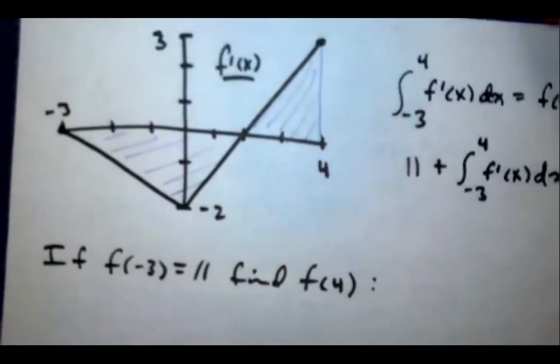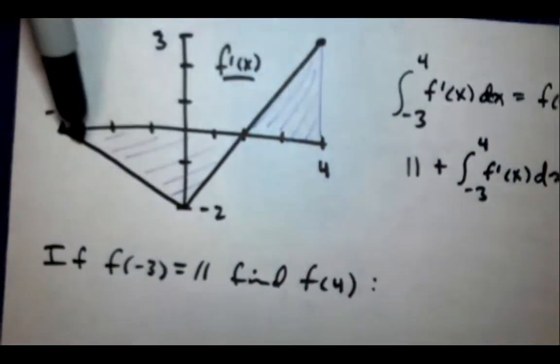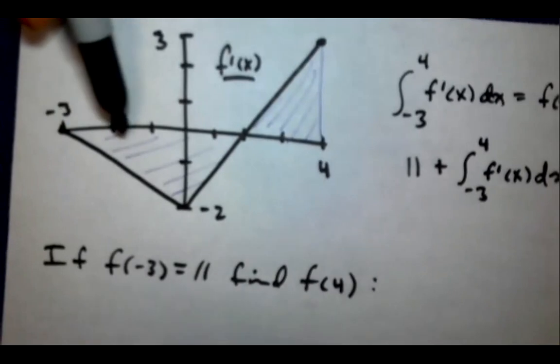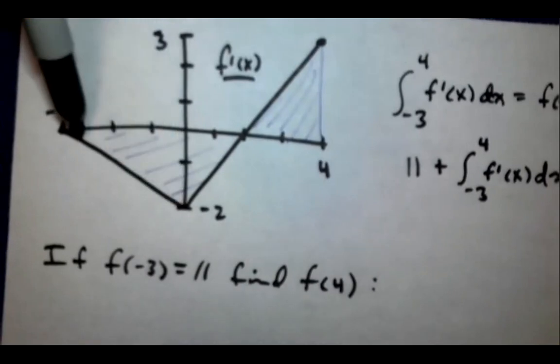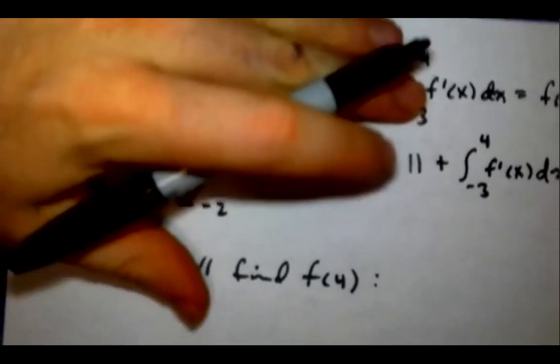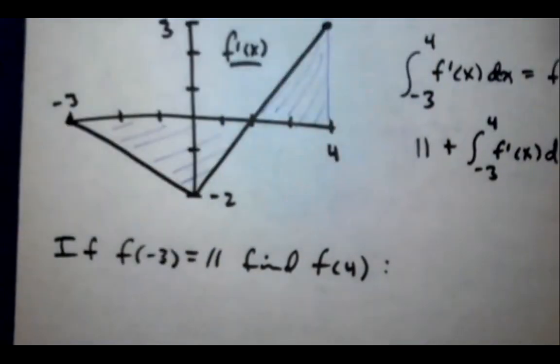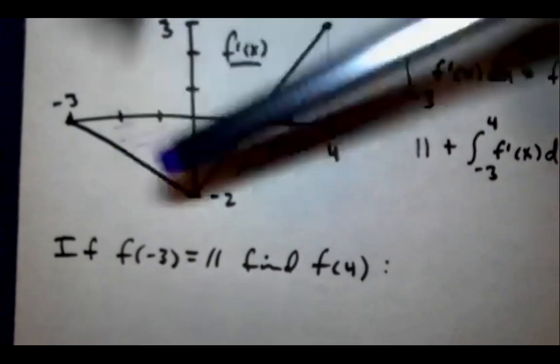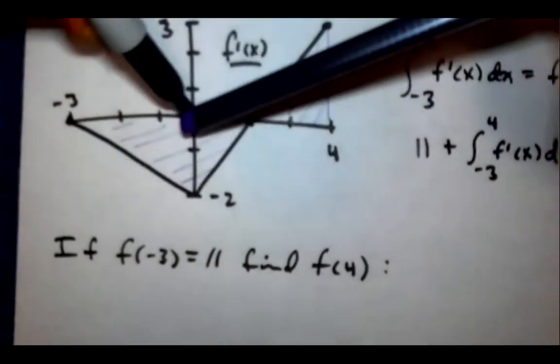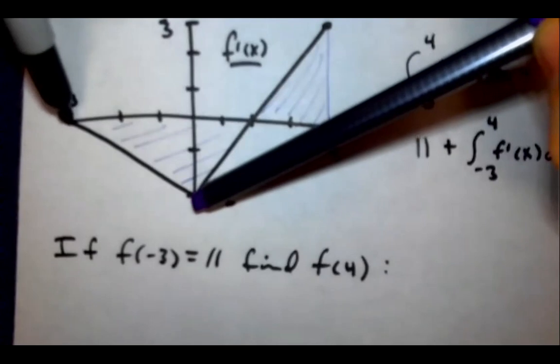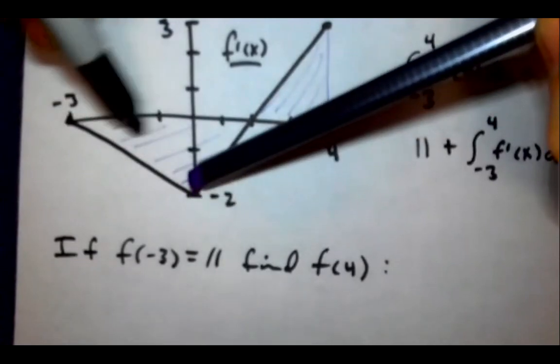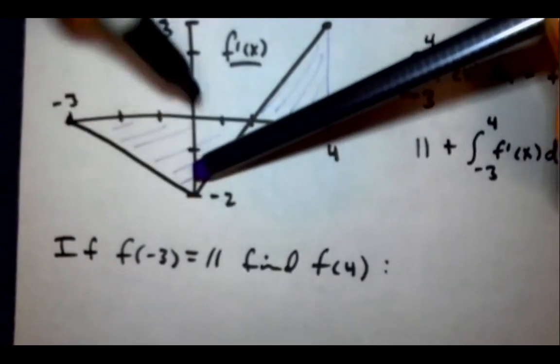What'd you get for the first one? For the first bigger triangle, I got -6. Oh wait, did I mess up? Area of a triangle is base times height, cut in half. The y-axis is cutting them both in half. So we're looking for just this triangle, right? Yeah. What'd you get?